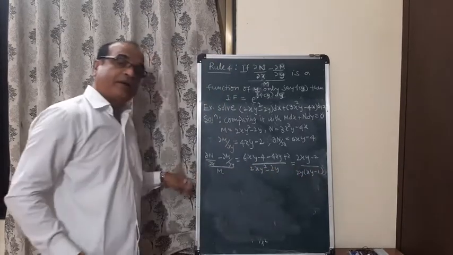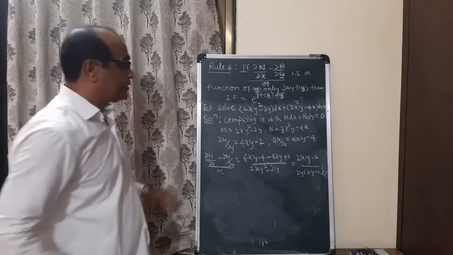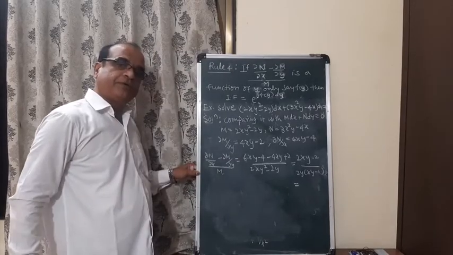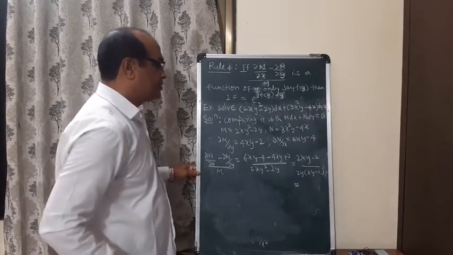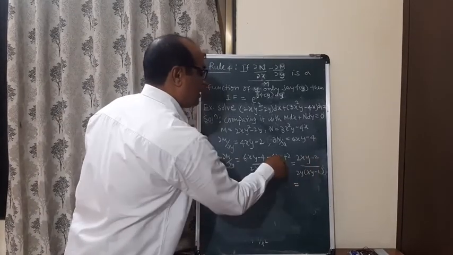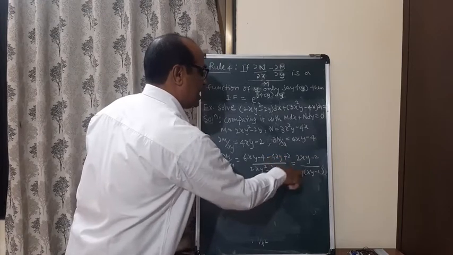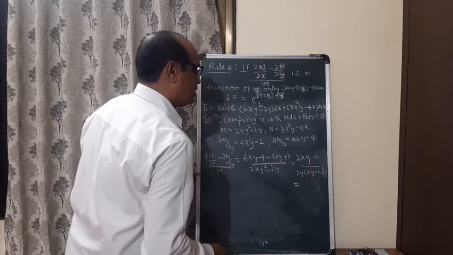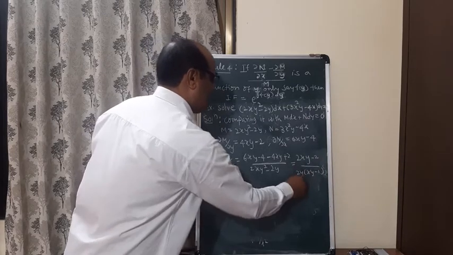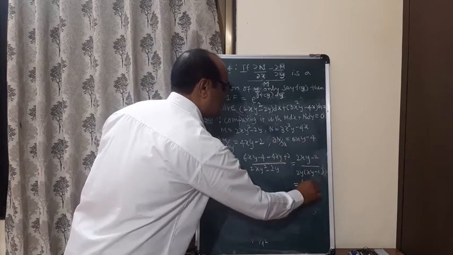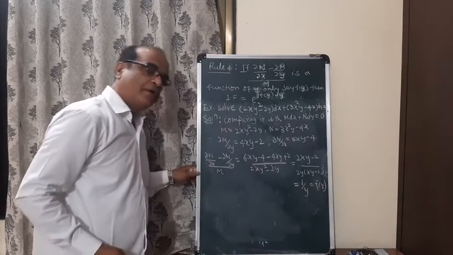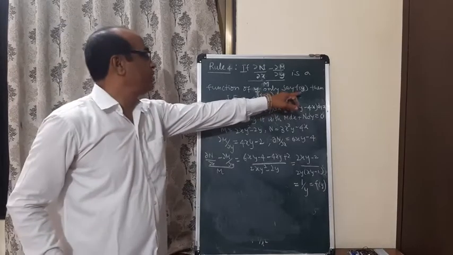Take it common. So we take 2 common, and xy minus 1 gets cancelled, then 2 gets cancelled, so 1 upon y. So this is a function of y only.